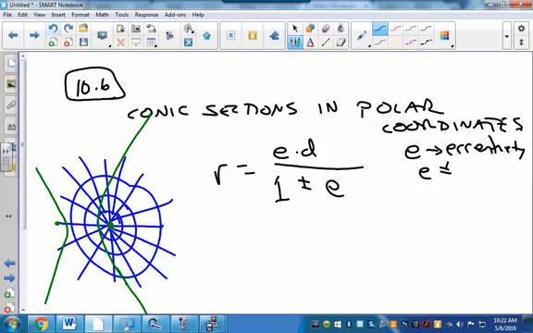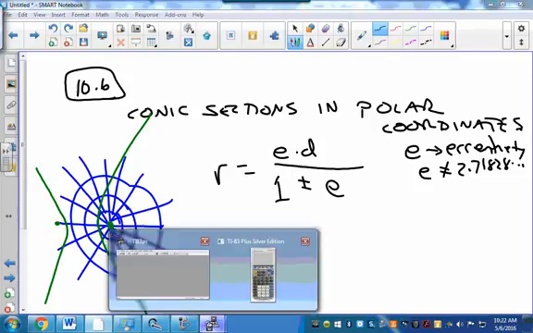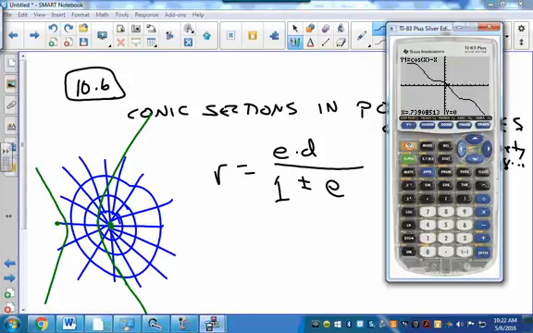e is not equal to 2.718281828, etc. That's not the e we're talking about. We're not talking the natural base. It's unfortunate we have the same letter. e is a number on our calculator. There, e. Right. But that's not the e we're talking about. We're talking the eccentricity of the conic section.